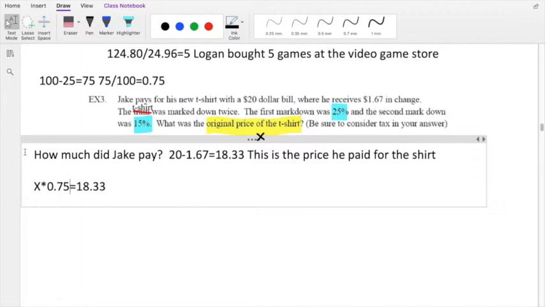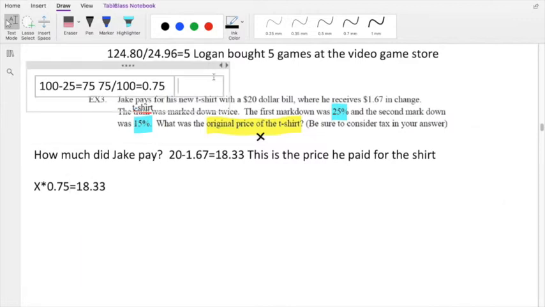Then after that, it was discounted 15%. And we do this again. 100 minus 15 equals 85, and 85 divided by 100 equals 0.85.